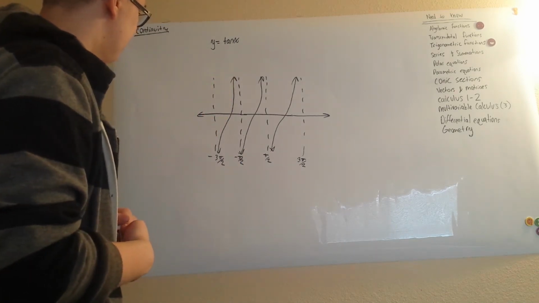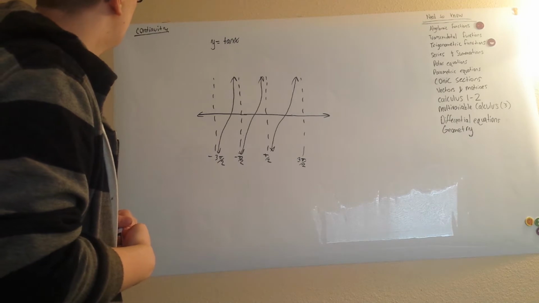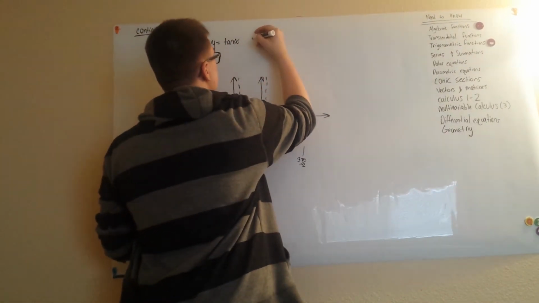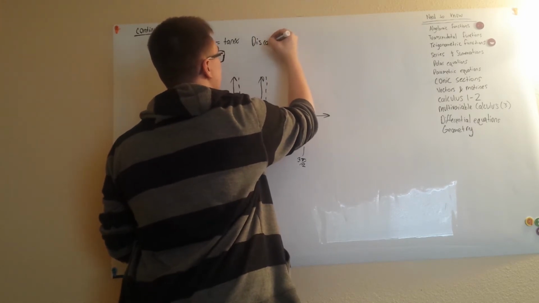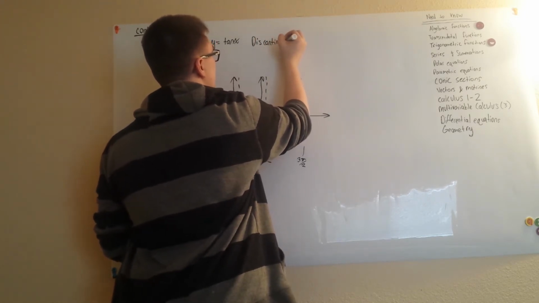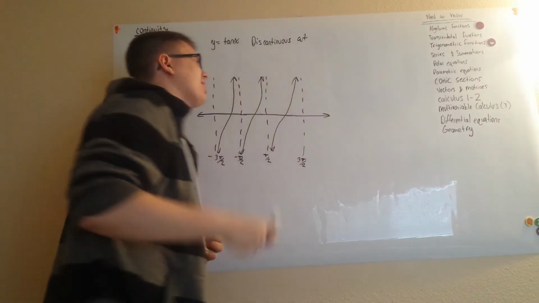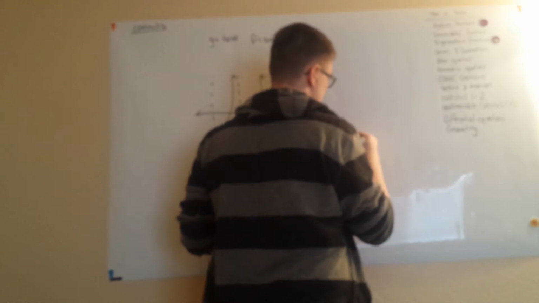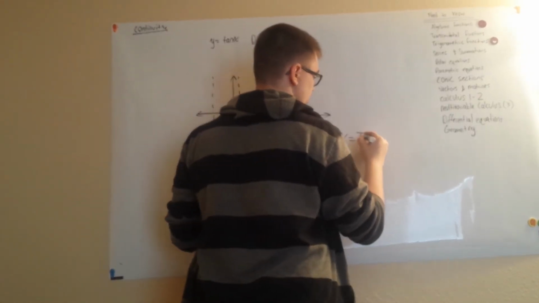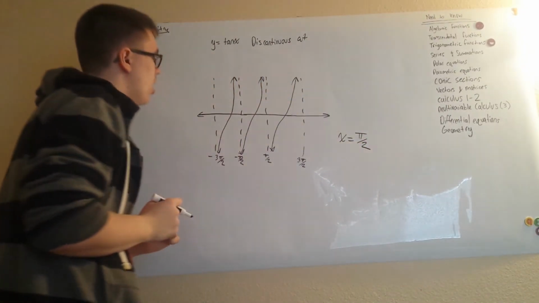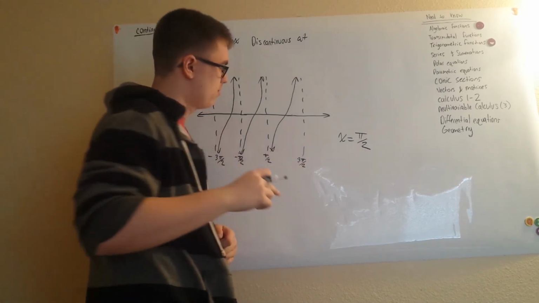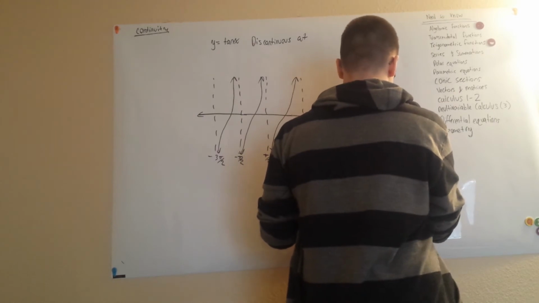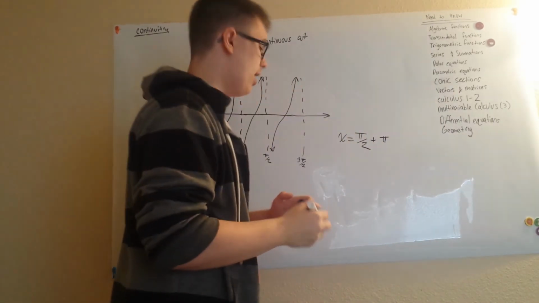So, it's discontinuous at, and we have to make an equation for all the asymptotes. At what, x equals what? Well, we know one of them is pi over 2, right? How do we get to the next? Well, we add a pi, right?